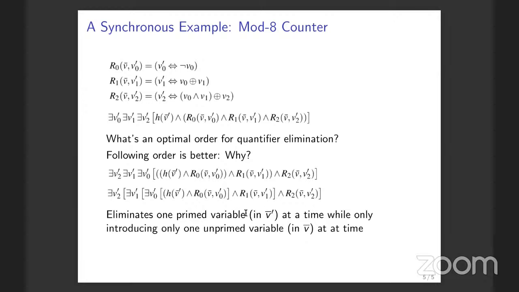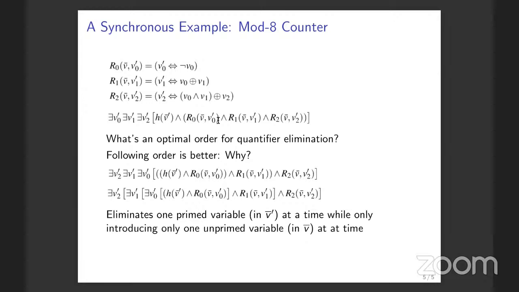So the idea is you analyze the dependency of individual functions on the primed variables, and then try to figure out an order in which you could nest the quantifiers, and also look at the dependency of each of the individual component transition relations on the unprimed variables, and you can delay that.